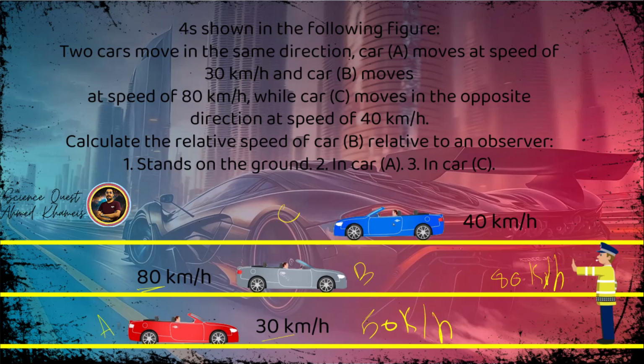And because the observer in car C is moving in a different direction from car B, the relative speed of car B would equal the speed of car B plus the speed of car C. So 80 plus 40. So the observer in car C would see car B moving at 120 km per hour.